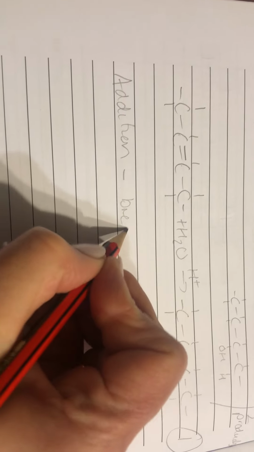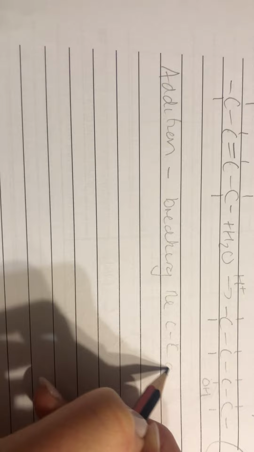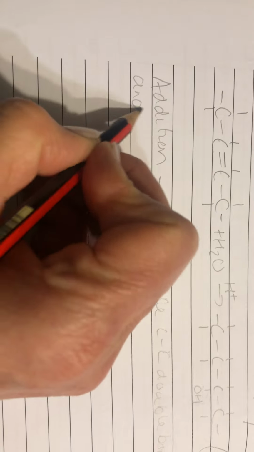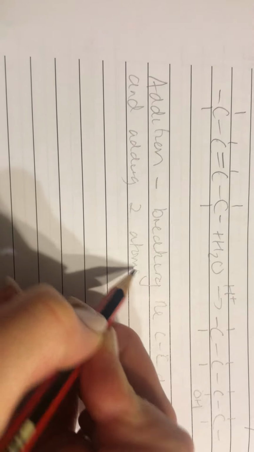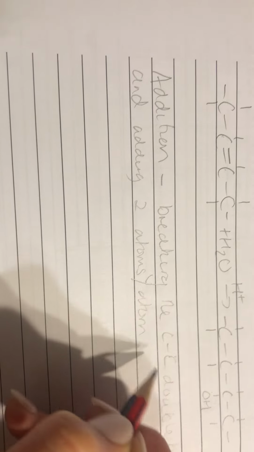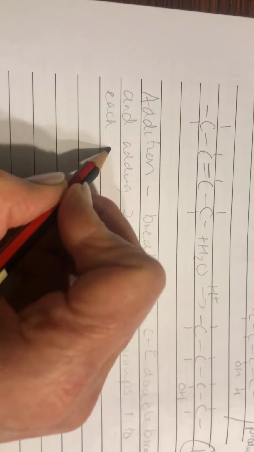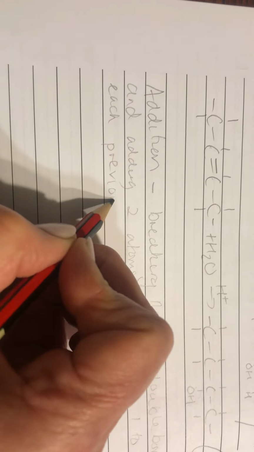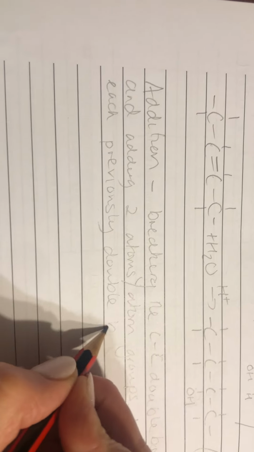That's breaking, and be pretty careful with your language here, the C to C double bond, and adding 2 atoms or atom groups in its place. Maybe we'll put 1 to each previously double bonded carbon. That's probably the best definition.